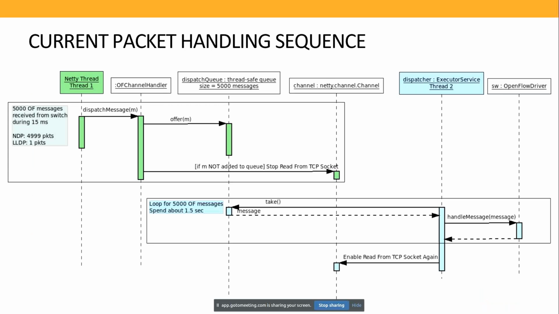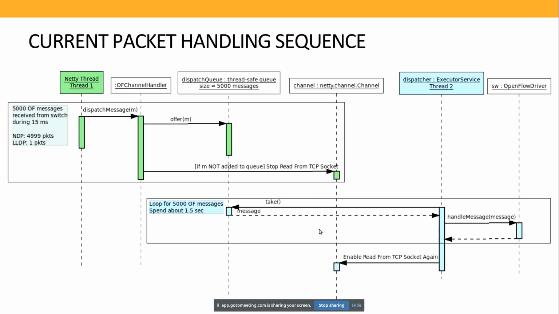So actually we have the following packet handling sequence. We have a net thread that reads messages from the TCP channel. This thread adds messages to the queue, and then another thread, the dispatcher, processes these messages.